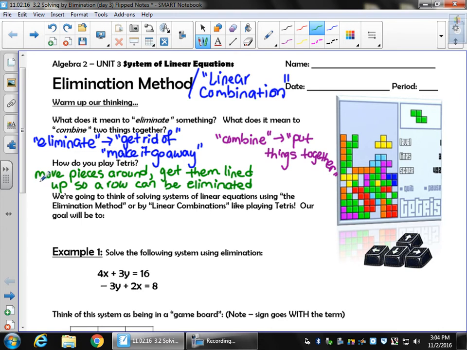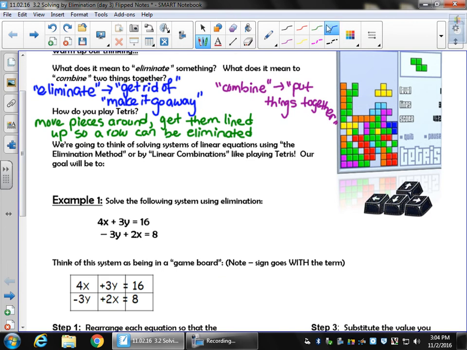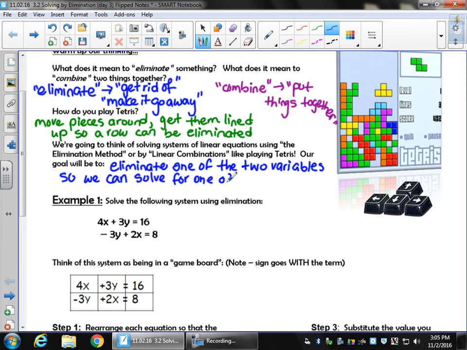Remember, those mean the same thing, like playing Tetris.